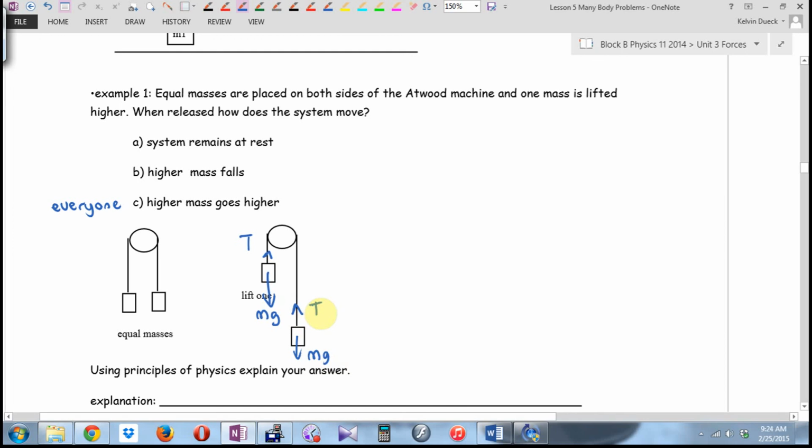So you guys all voted C. You said the higher mass goes higher. So if I hear you correctly, if this is going higher, this must be winning. So let's write an equation so that anything that ends up pointing down on the left is going to be winner plus. Anything that ends up pointing up on the left is going to be loser minus. Okay? I see a few of you starting to think, So winner.